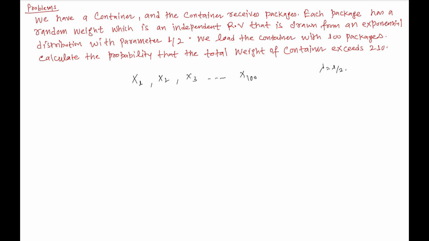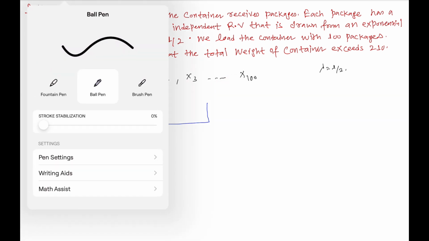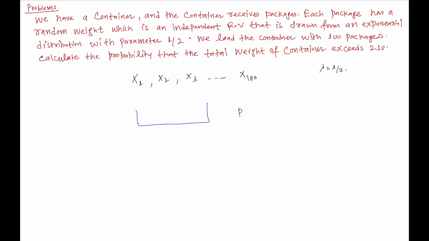What we are trying to do is load these random weights, all taken from the exponential distribution, into this container. And we have been asked what the probability is that the weight of the container exceeds 210. How do we find the weight of this container? The weight of this container is nothing but the sum of the weights of these individual packages.